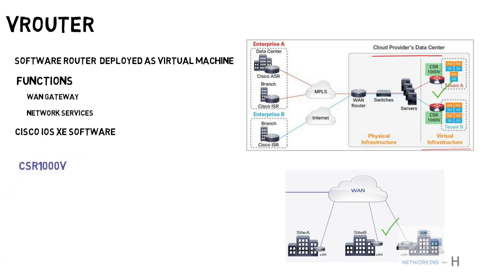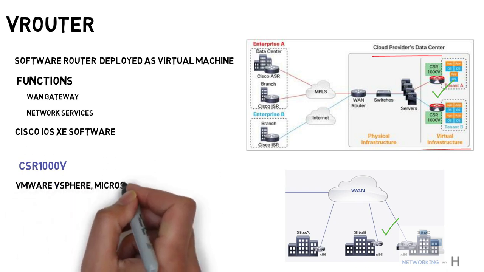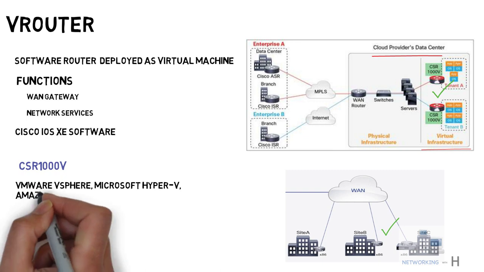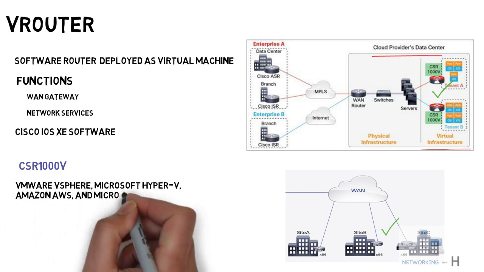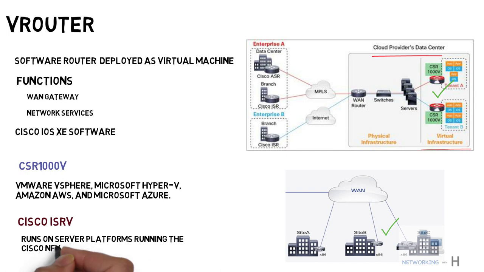Two examples of vRouter are CSR 1000V, which is supported across multiple hypervisors such as VMware vSphere, Microsoft Hyper-V, Amazon AWS, and Microsoft Azure, and ISR-V, which runs on a server platform running the Cisco NFVI virtualization software only.